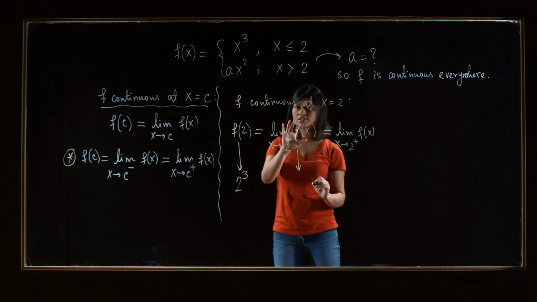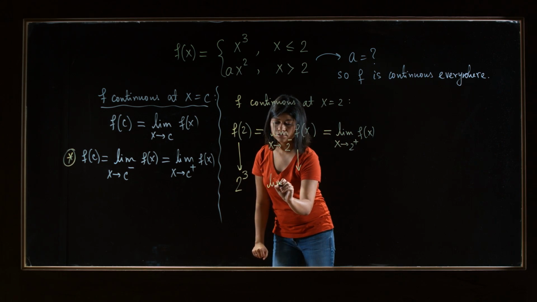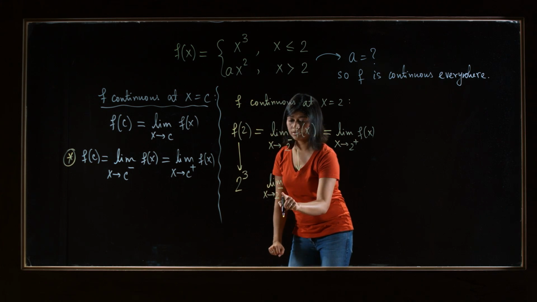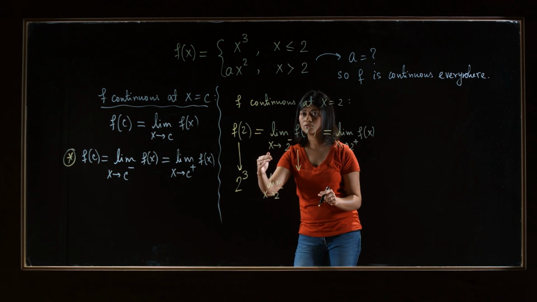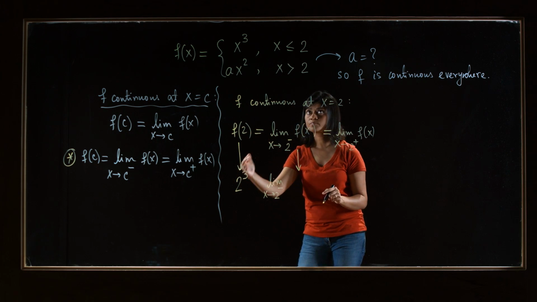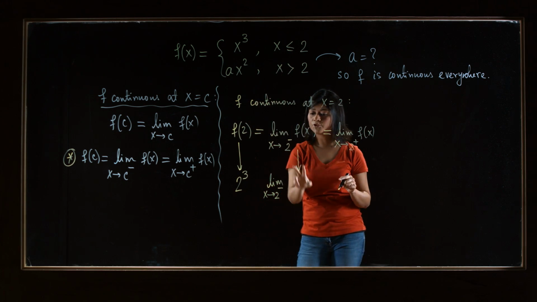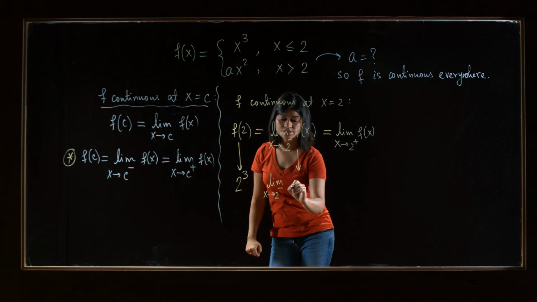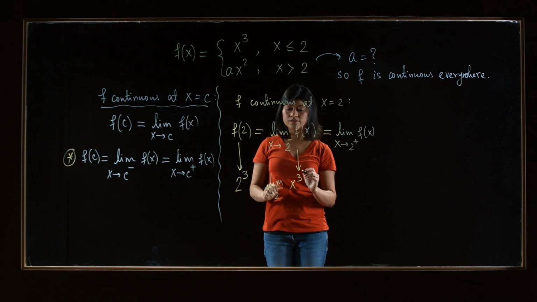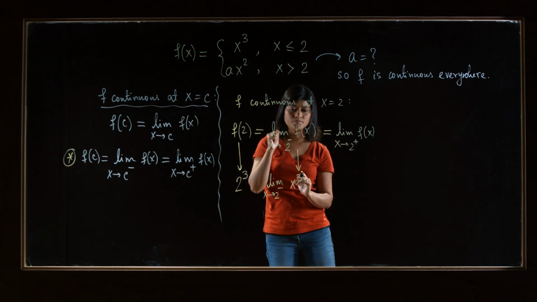We want the limit as x approaches 2 from the left side. Left side means x is picking values smaller than 2, and therefore the function expression should be x cubed.